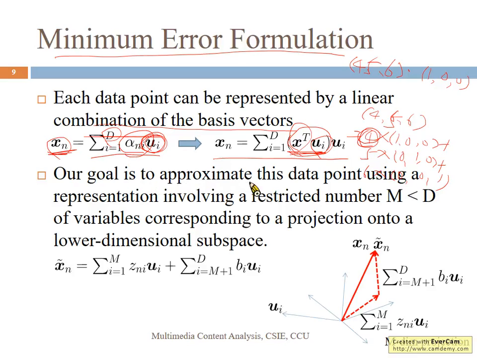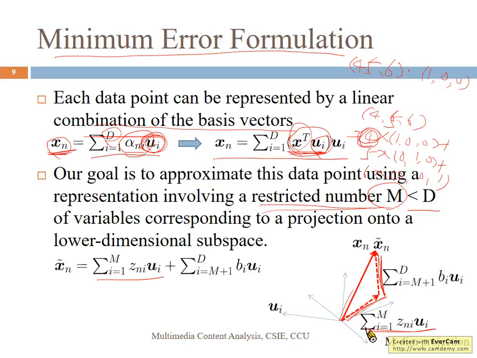And our goal is to approximate this data point using a representation involving a restricted number m that is less than d, corresponding to a projection onto a lower dimensional space. As illustrated in this figure, an original data point xn can be represented by the summation of two parts. The first part would be the lower dimensional representation, and the second part would be the difference between the original one and the lower dimensional one.